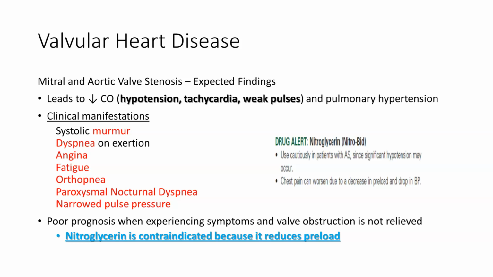Unfortunately, because it's a valve, we want to keep in mind that nitroglycerin can cause some really bad things to happen, because remember when we said in our earlier videos that nitroglycerin decreases both preload and afterload. Well, if my whole problem is I don't have enough volume and I don't have a good enough pump, that's going to exponentially make the aortic stenosis signs and symptoms worse. So just be careful with the use of nitroglycerin.